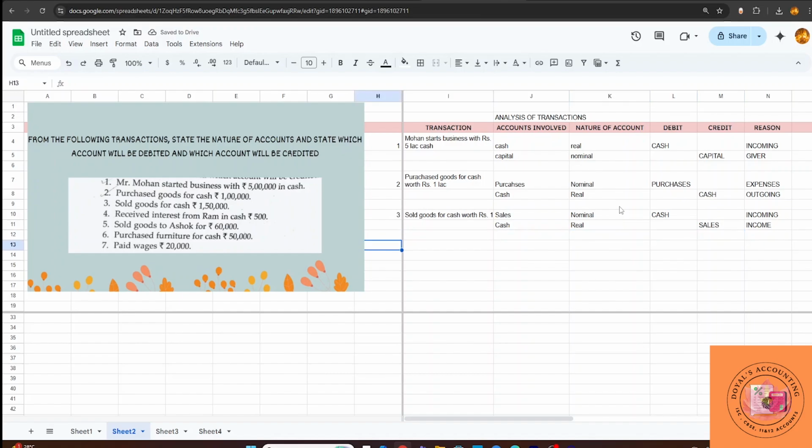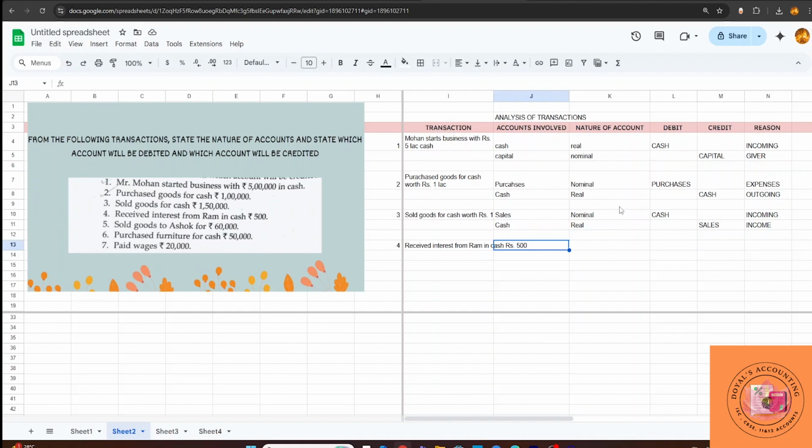Now, the next transaction is we have received interest from Ram in cash worth rupees 500. Here, even though the name Ram is being given, it is not material to us, because the accounts that are being affected are the interest account and the cash account.